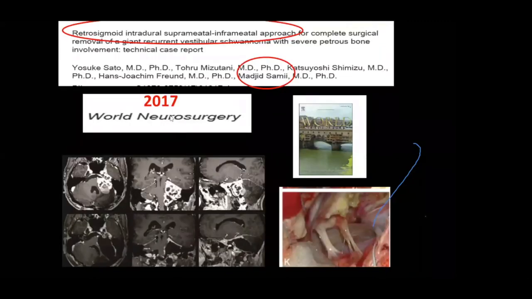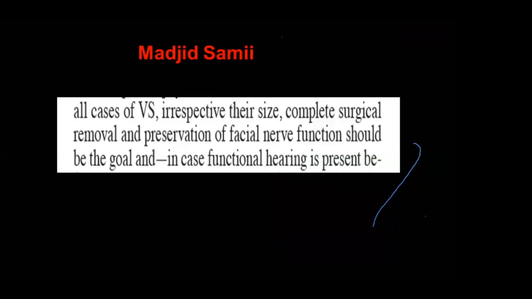Another recent paper, 2017, shows these large schwannomas can actually be excised. So the conclusion is that in all cases of vestibular schwannomas, irrespective of their size, complete surgical removal and preservation of facial nerve function should be the goal, and of hearing function too if functional hearing is present.